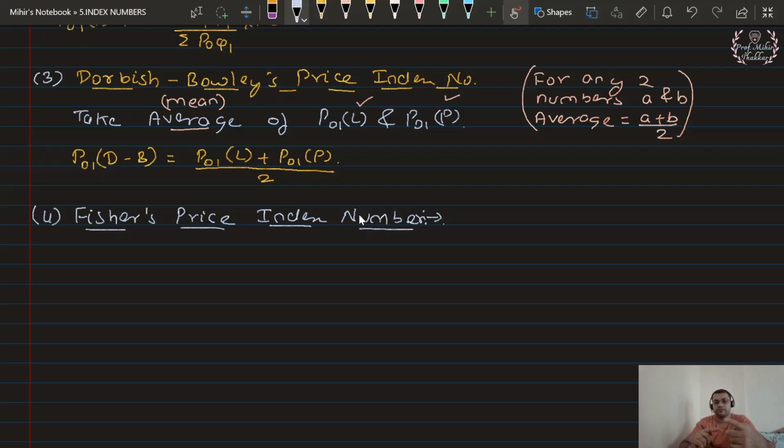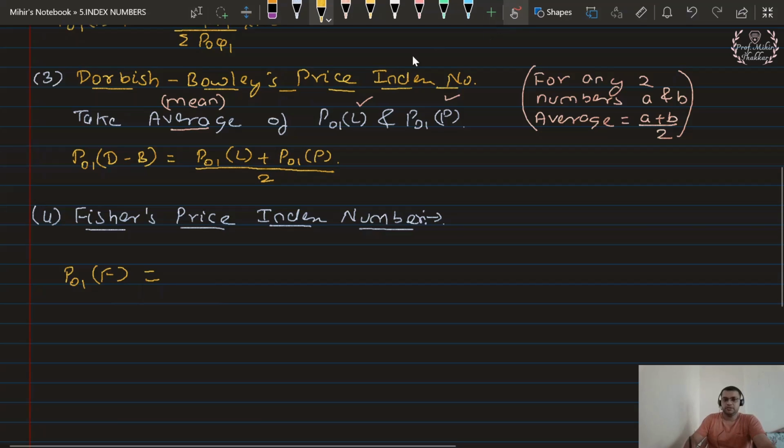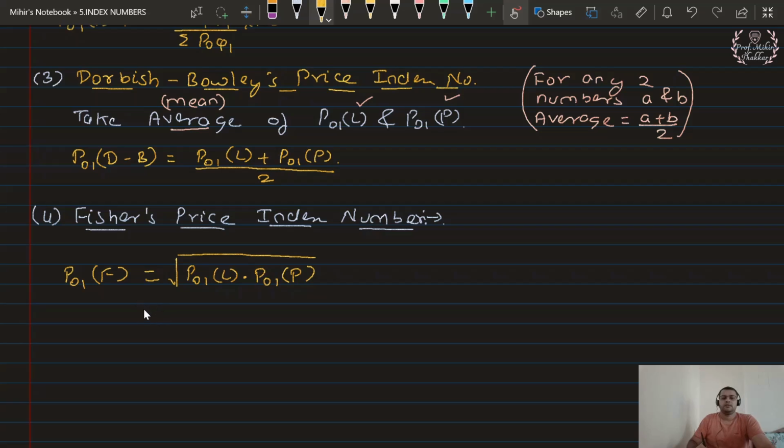He multiplied both the index numbers and then took the square root of the answer. So basically, Fisher's index number P01F is given by P01L into P01P, and the square root of that product. So this is how Fisher obtained his own index number.